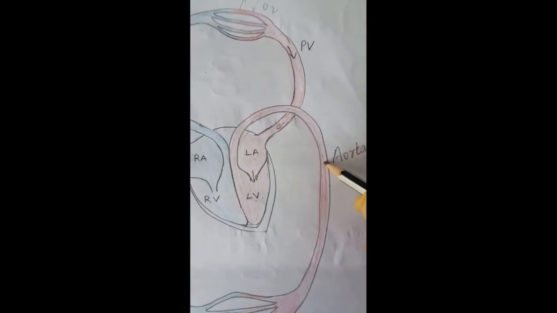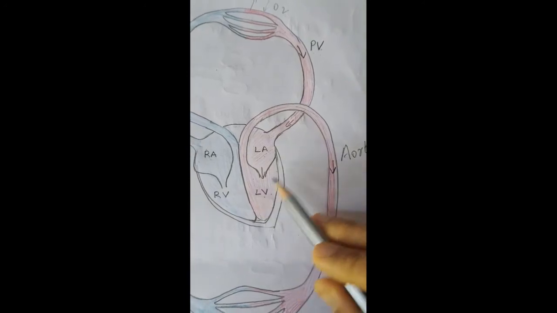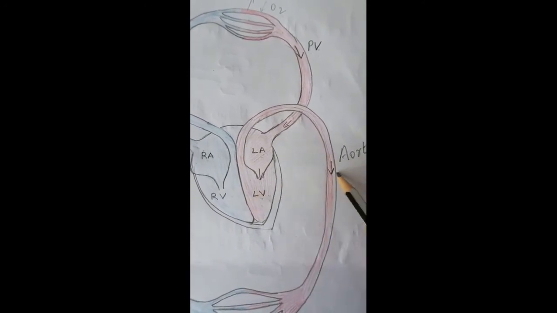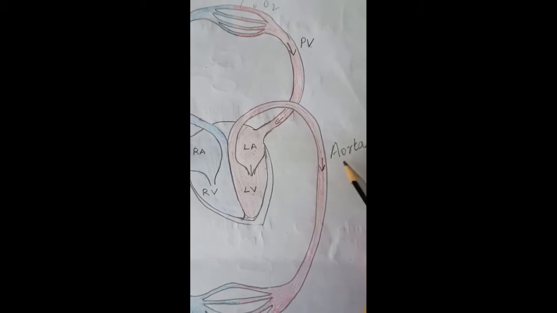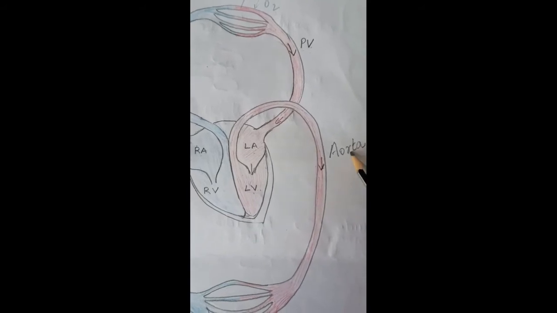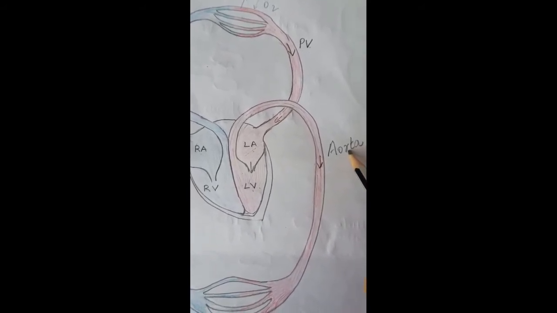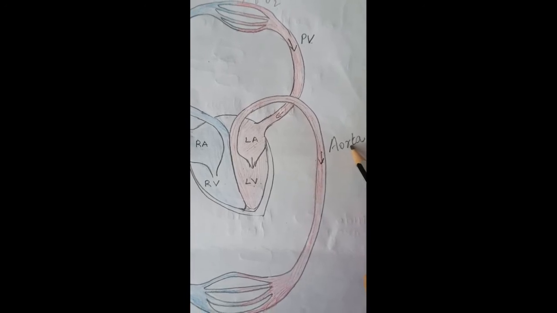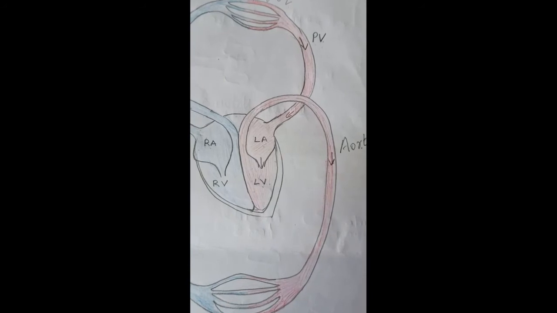The direction I am drawing here is away from the heart. We know that arteries pump the blood away from the heart. So aorta is the main blood vessel of our body, which pumps oxygen rich blood to all the body parts.